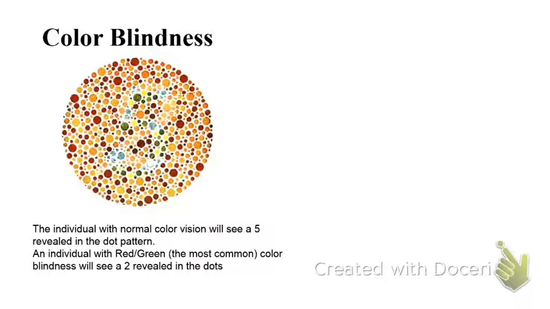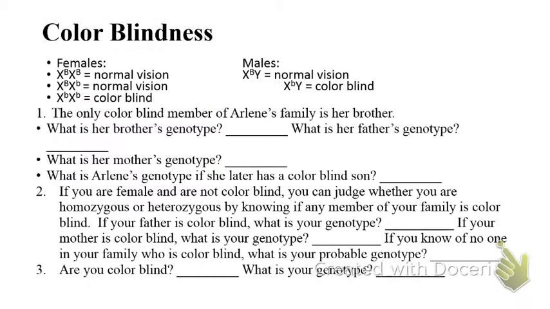Looking at color blindness, in this figure, an individual with normal color vision will see a 5 revealed in the dot pattern. An individual with red-green, the most common color blindness, will see a 2 revealed in the dots. So the only colorblind member of Arlene's family is her brother. So what is her brother's genotype?